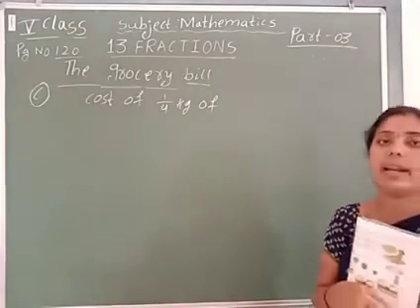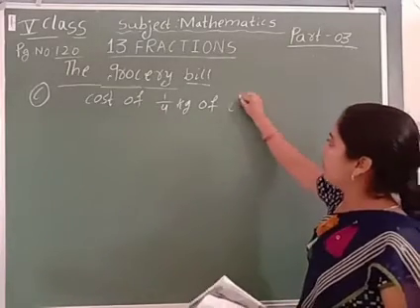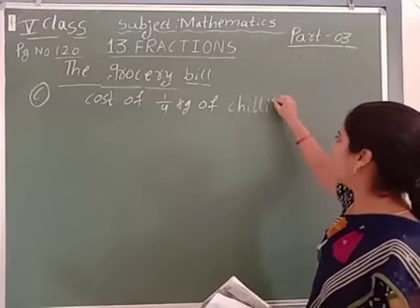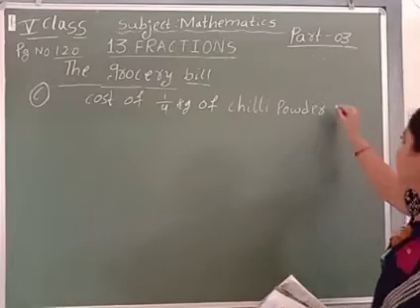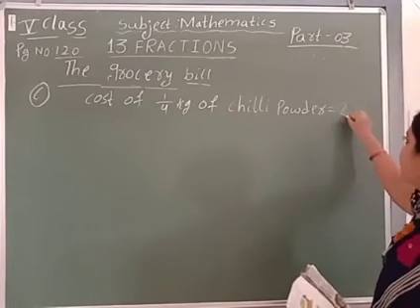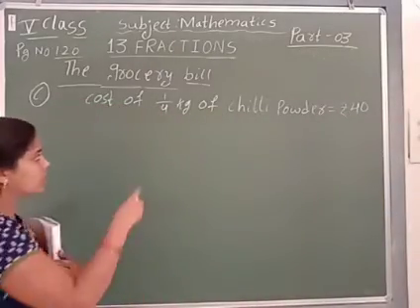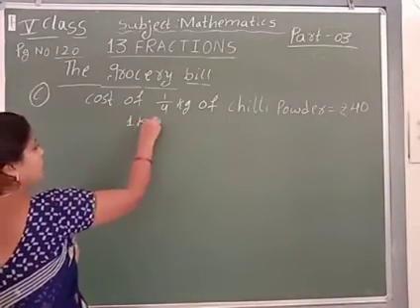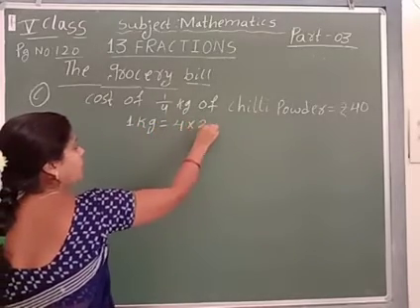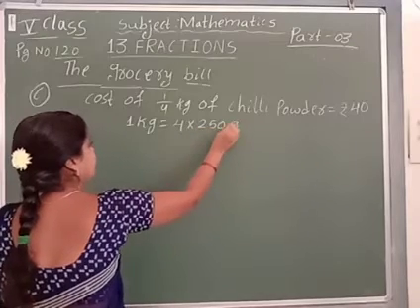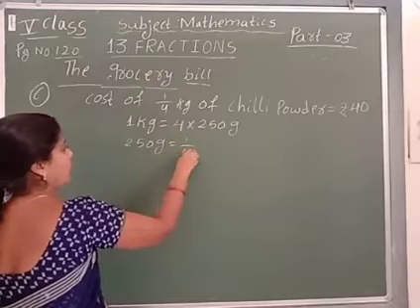Only after that will you write the answer, this solution, okay? 1/4 kg of chilli powder, how much is the cost? 40 rupees. So here 1 kg equals 4 into 250 grams. So 250 grams is equal to 1/4 kg.